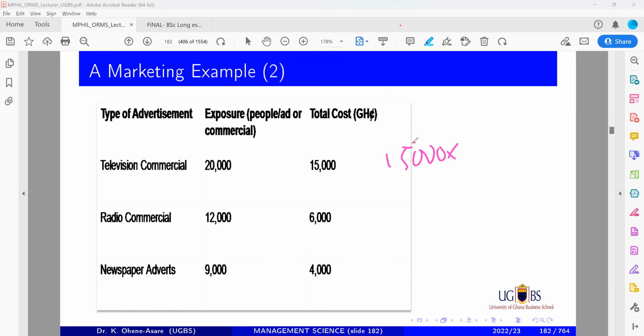The budget should be 100,000. Well, so 15,000 X1 plus 6,000 X2 plus 4,000 X3.